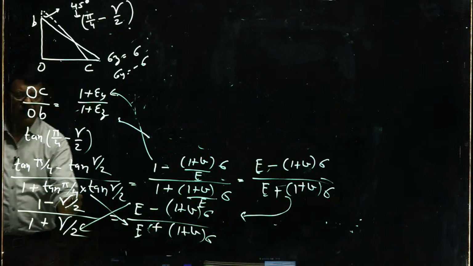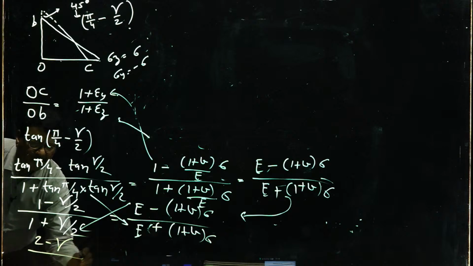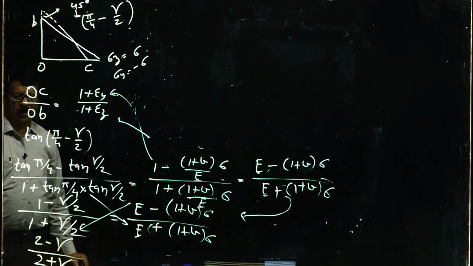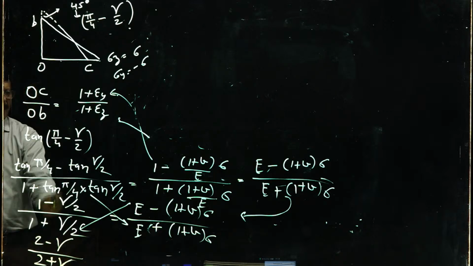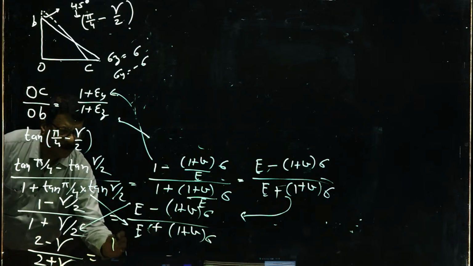Here if you take the LCM, then 2 minus lambda upon 2 plus gamma. So 2 will again cancel like this. Now you cross multiply the things.